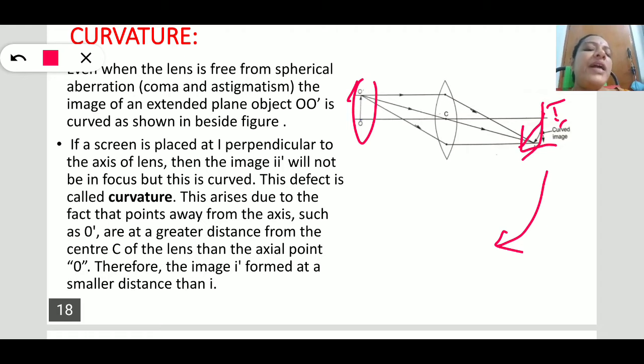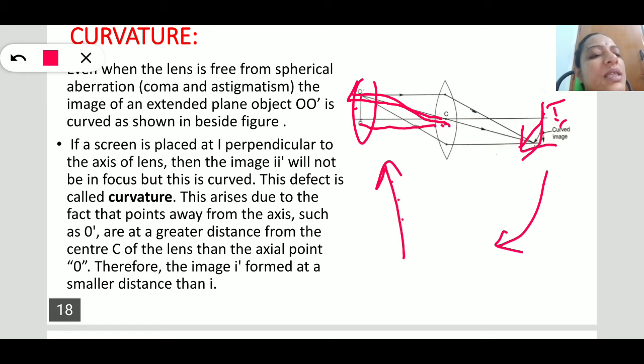This arises due to the fact that the distance of some points from the center C of the lens, such as O dash, is greater than the distance of the axial point. So the points of the object which are away from the axis, such as O or O dash, are at a greater distance from the center C of the lens than the axial point.